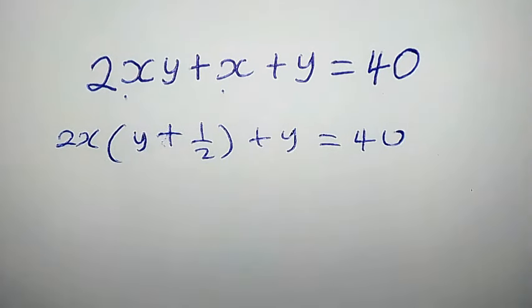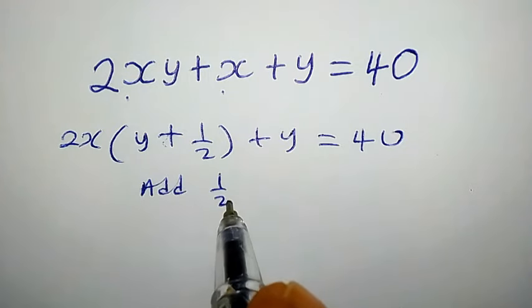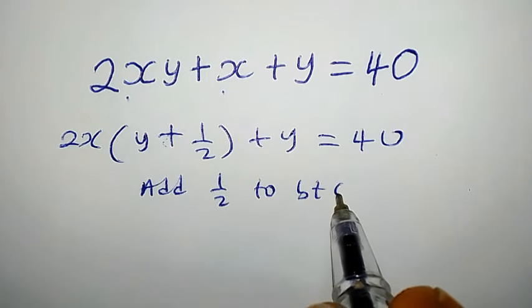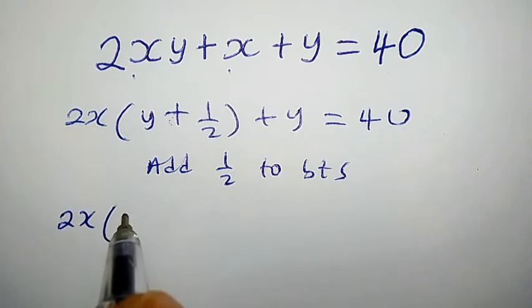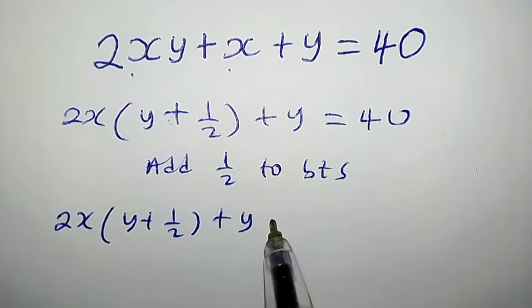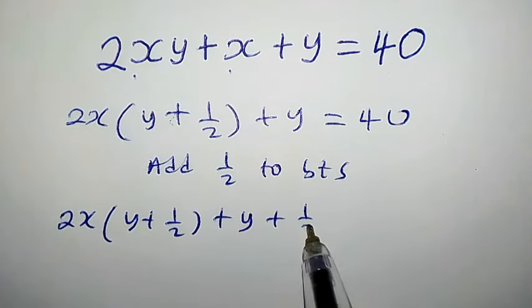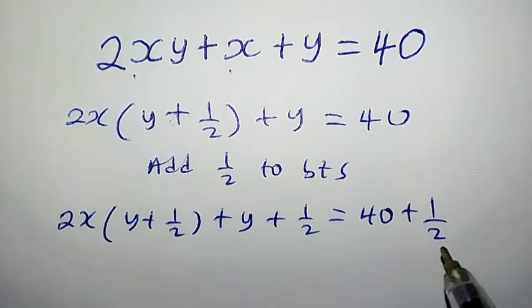Let's continue. Now, let us add 1 over 2 to both sides. Doing that, we have 2x times (y plus 1 over 2) plus (y plus 1 over 2) equal to 40 plus 1 over 2.